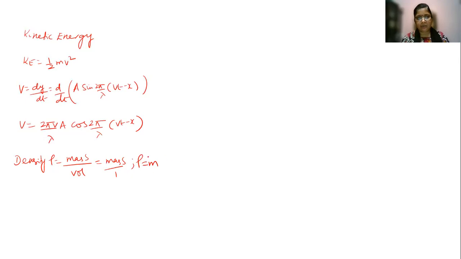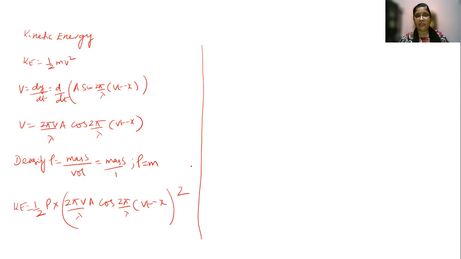Now let me substitute this and this in my equation for kinetic energy. So my kinetic energy now becomes half, instead of m I am putting rho, into 2 pi v by lambda a cos 2 pi by lambda (vt minus x) whole square, because it is v square.